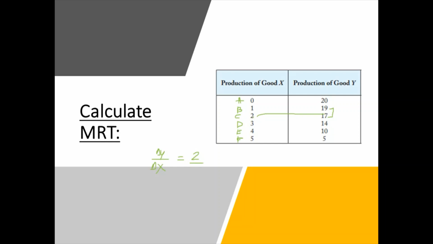And if we look at good X, it's 2 minus 1. We go this way. It's 2 minus 1, which is 1. So the marginal rate of transformation at point C would be 2, or the slope of your production possibility curve would be 2.